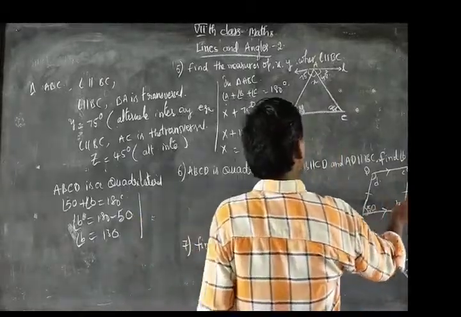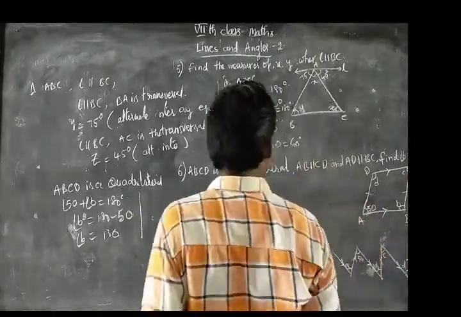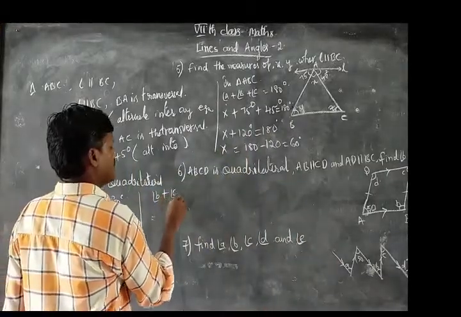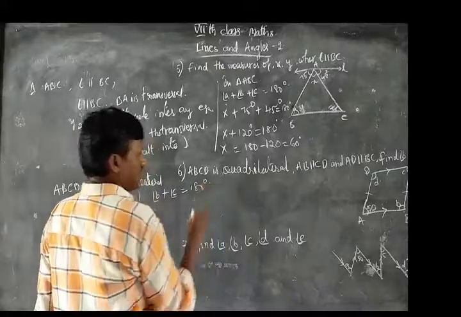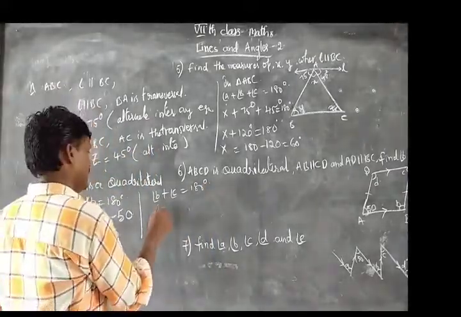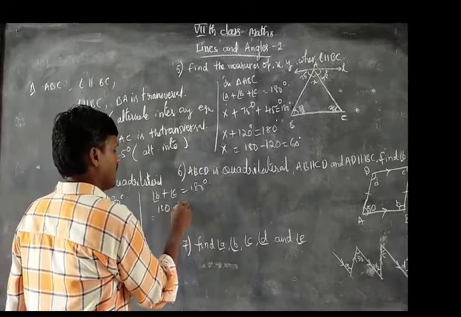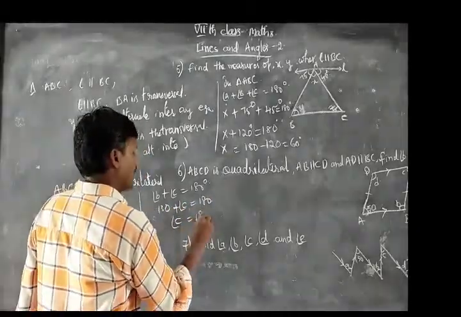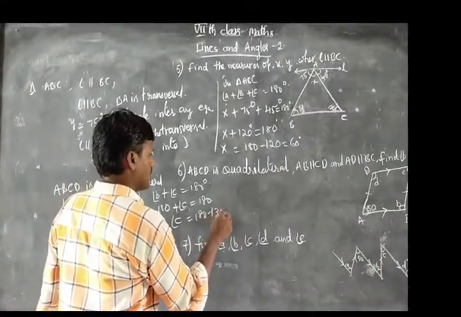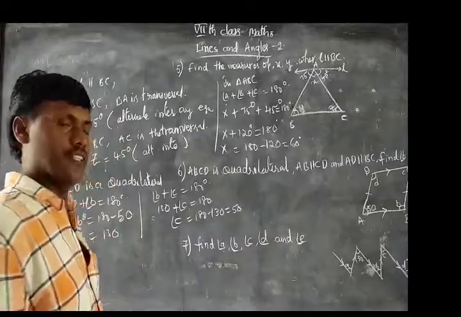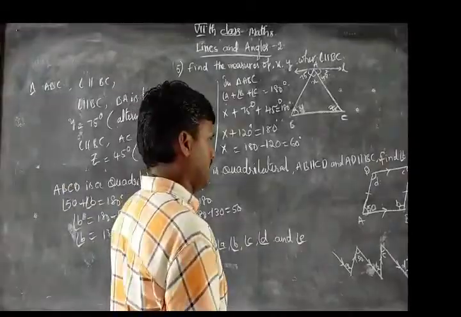We can take that the interior angles sum to 180 degrees. Angle B plus angle C is equal to 180. Angle B, we found, is 130, plus angle C is equal to 180. Angle C is equal to 180 minus 130. How much is it? 50 degrees. We found angle C is equal to 50 degrees.